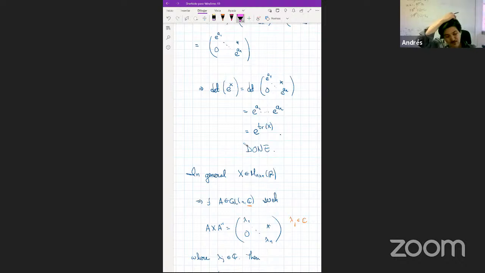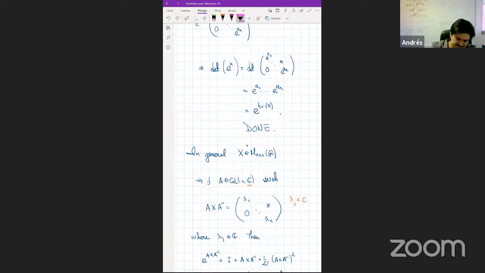But what is interesting is that we obtain a matrix of the form where the result holds.